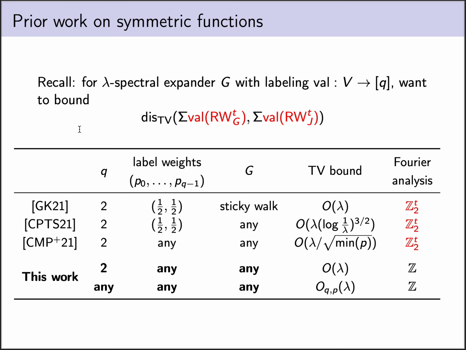So we took maybe the more natural approach in this setting of just doing Fourier analysis on the sum of the labels. So now we're taking Fourier analysis of this integer valued function. And that, for instance, lets us generalize much more easily to Q-ary labelings for arbitrary Q.